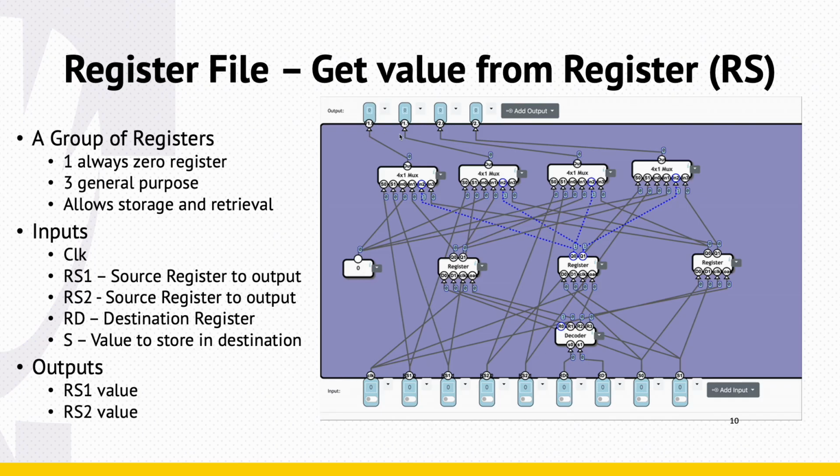Okay, now let's see how we read a value from a register. Notice RS1 has the value 0, so it is selecting register 0, which is our always 0. And then we see we are outputting 0 as the value for RS1. Makes sense. Now let's change that so that we are selecting register 2, and now the output is the value that is stored in register 2, right?